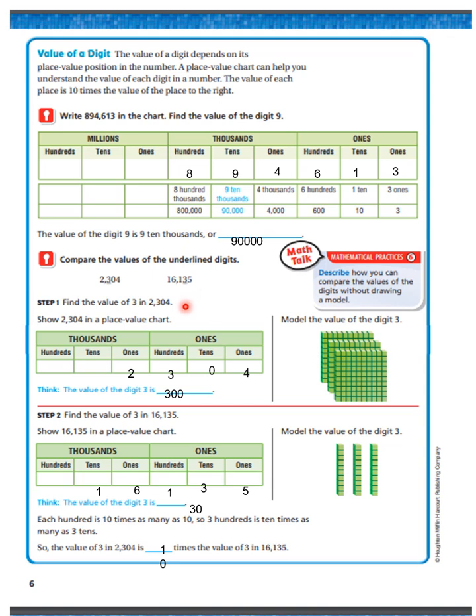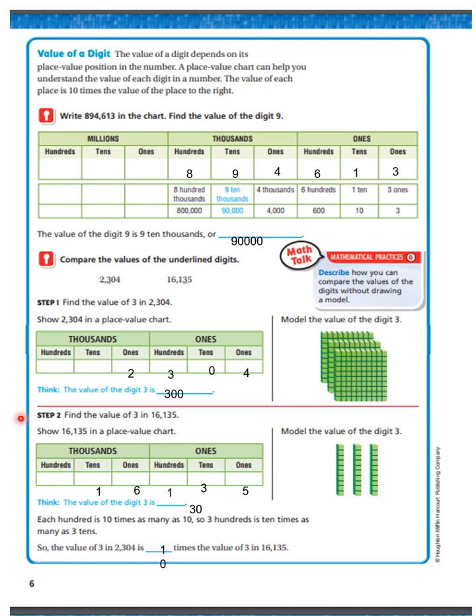So if I put that in the chart, I see that the 2 goes in the 1,000s, the 3 goes in the hundreds, the 0 goes in the tens, and the 4 goes in the ones. So the value of the 3 is 300. Okay? And you can see over here how they did it with the flats. So 300, 100, 200, 300.